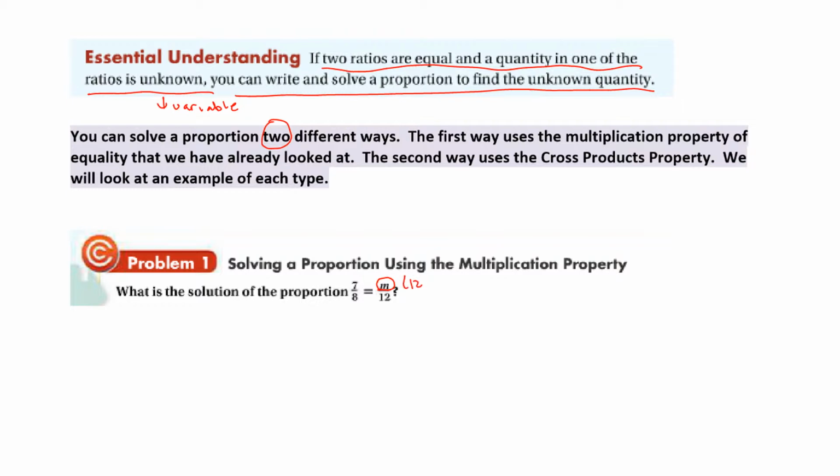So if I multiply each side of the equation by 12, that allows the 12s to cancel out, because 12 divided by 12 would equal 1. Then I'd have 12 times 7/8, and I get 10.5, and if I put that in a fraction, I get 21 halves. So m would equal 21 halves. That's solving a proportion using the multiplication property.